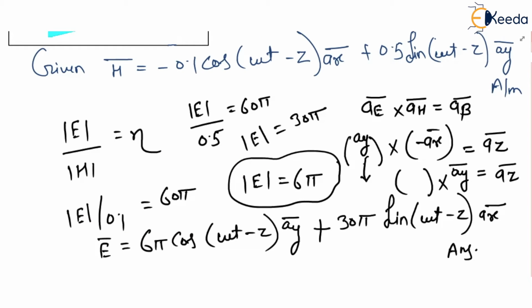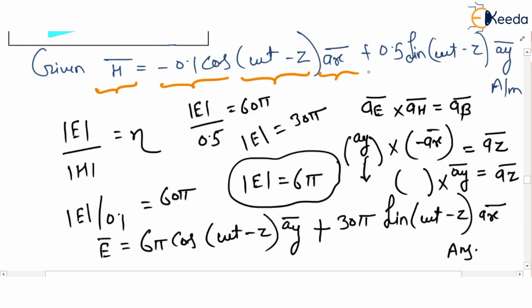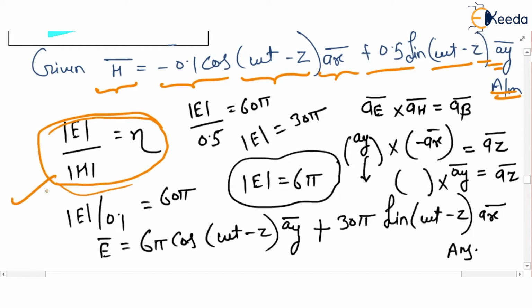Now we have to calculate the value of electric field, and the magnetic field H is given. It is minus of 0.1 cos(omega t minus z) ax plus 0.5 sin(omega t minus z) ay ampere per meter. So let me calculate. We know first mod E by mod H is equal to mod eta. For this component, mod H is given as 0.1.